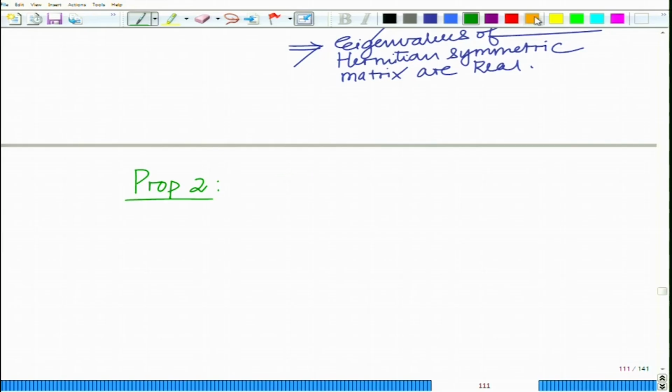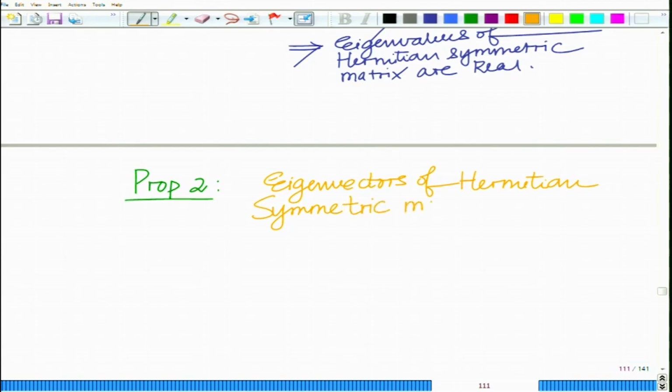The second property is that eigenvectors of a Hermitian symmetric matrix corresponding to distinct eigenvalues.